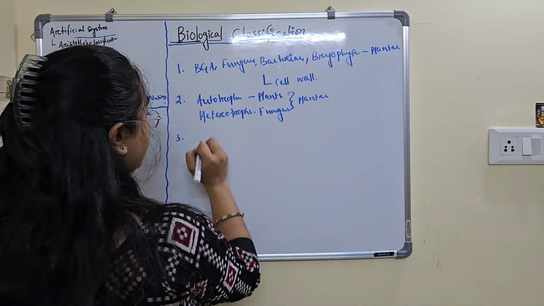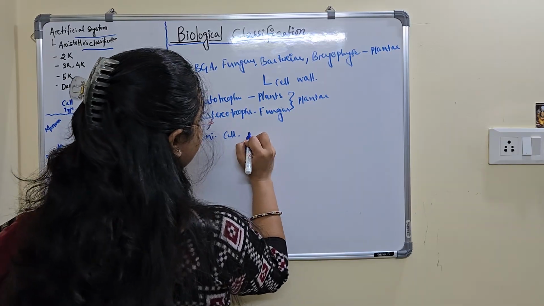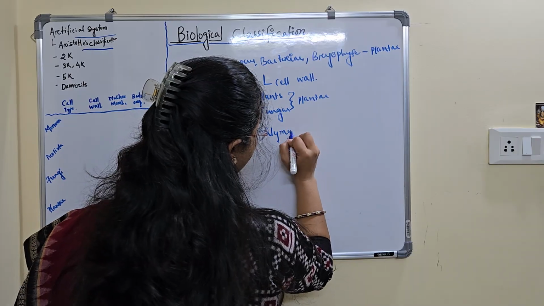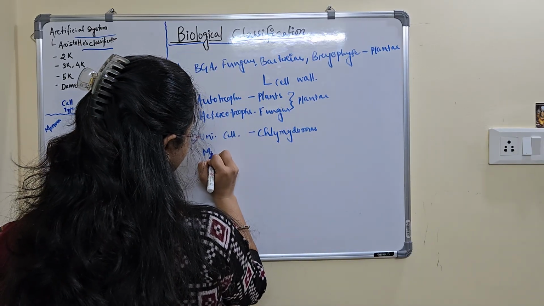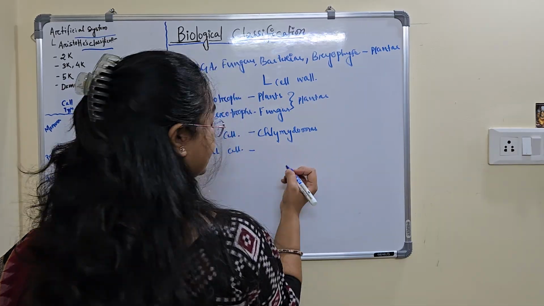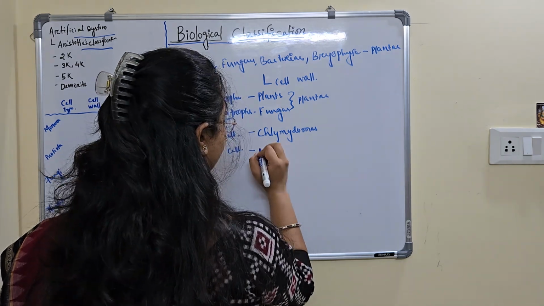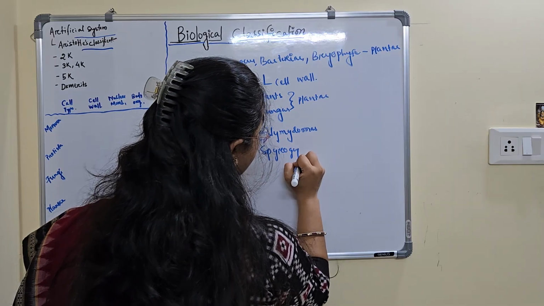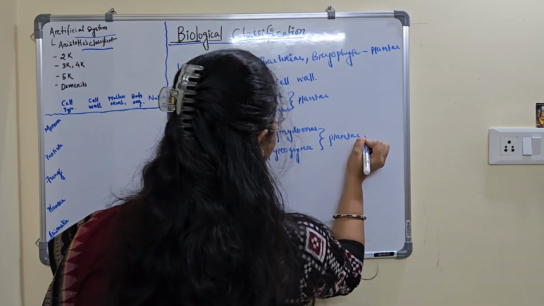Again, he also placed the unicellular Chlamydomonas with the multicellular Spirogyra, I'm writing it in shortcut because we have limited time, under the same kingdom Plantae.